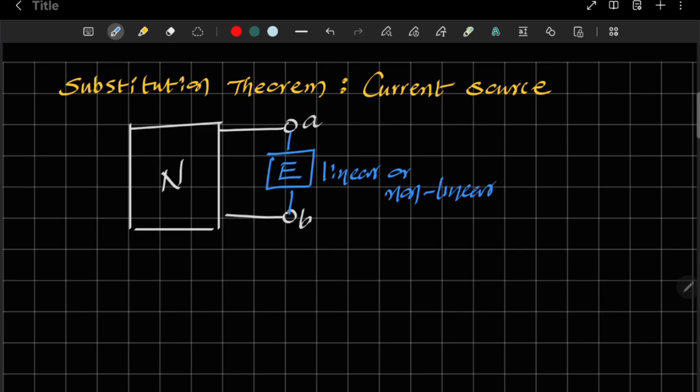We know some information related to this: the voltage across this element is V and the current passing through this element is I. This is the information already known to us.